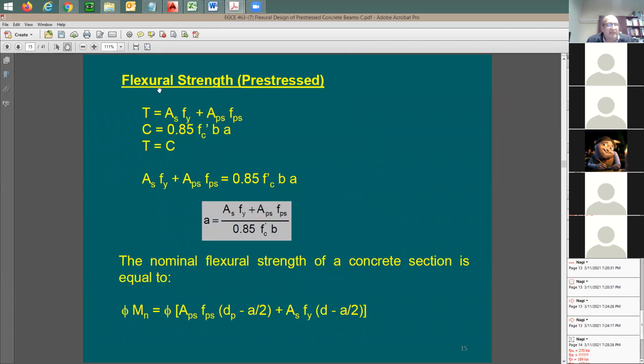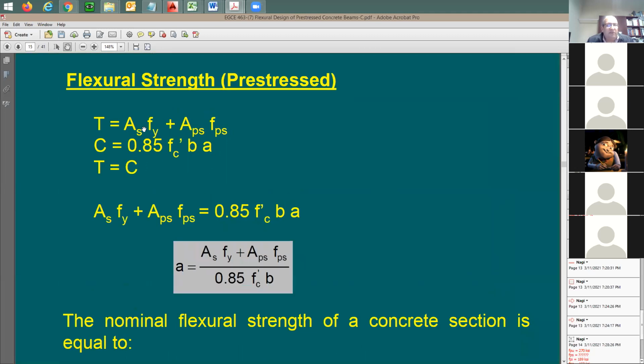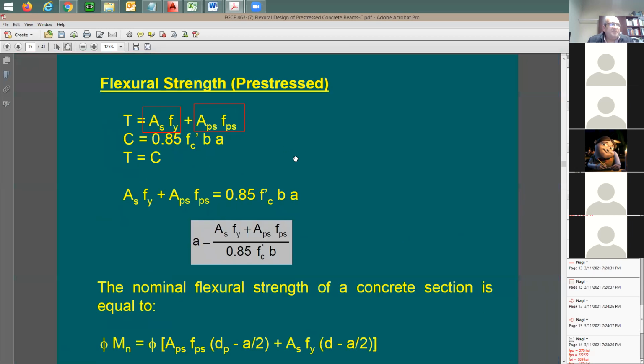So in this case, as I said, you may have conventional rebars like ASTM 615 and also 416, which means some strands, and at the same time you also have some rebars. Total tension force is going to be based on this combined effect: conventional rebars and pre-stressed strands. So it's fine. How about the compression? Compression is going to be the standard 0.85 f prime c b times a.